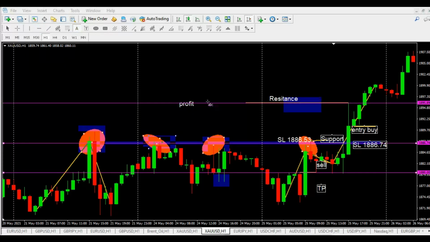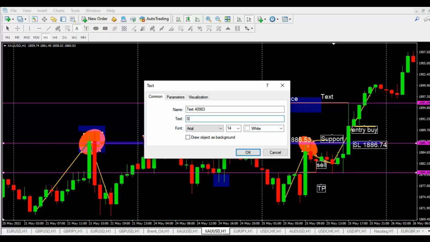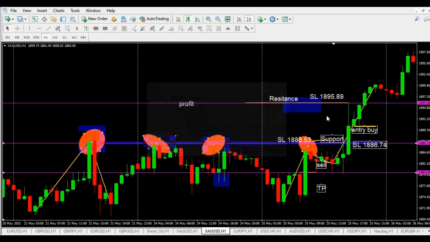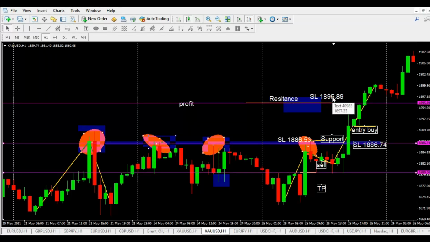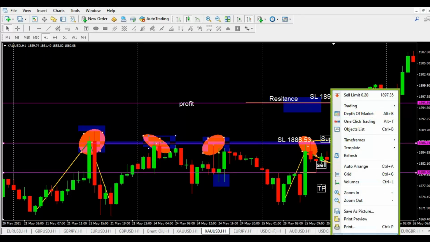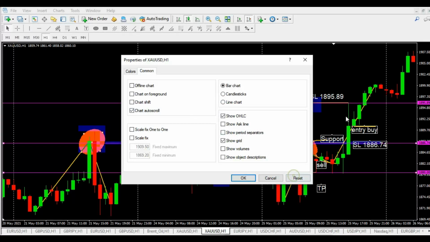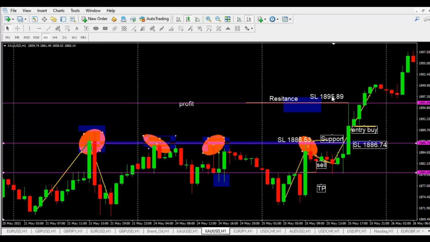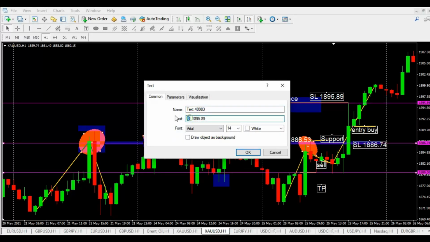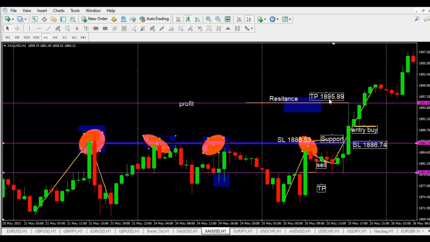We can take it here, 1895.89. Sorry, this is not stop loss, this is take profit, because our entry is buy. This is take profit, and this is our stop loss.